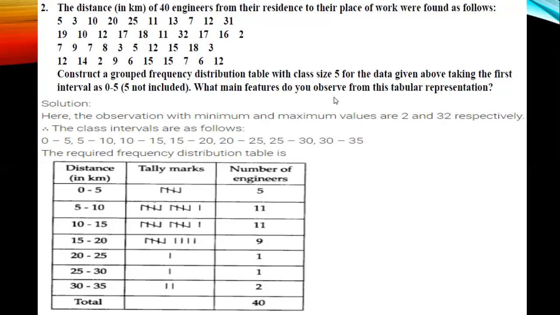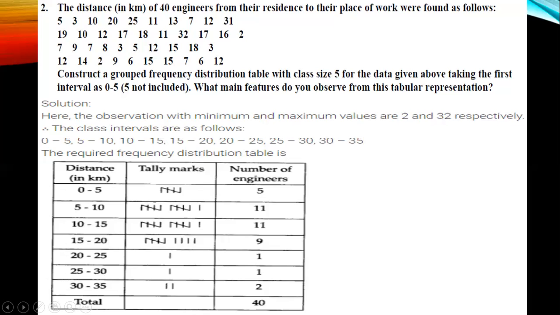Now, whenever you are going to make a grouped frequency distribution table, my dear students, the first thing that you have to do is observe from the data the minimum and the maximum values. Here in the observation, the minimum and the maximum values are 2 and 32 respectively.